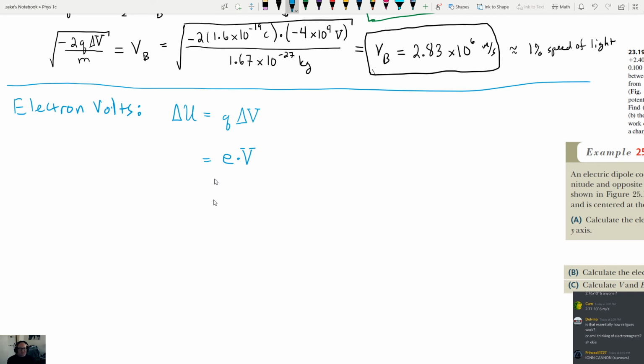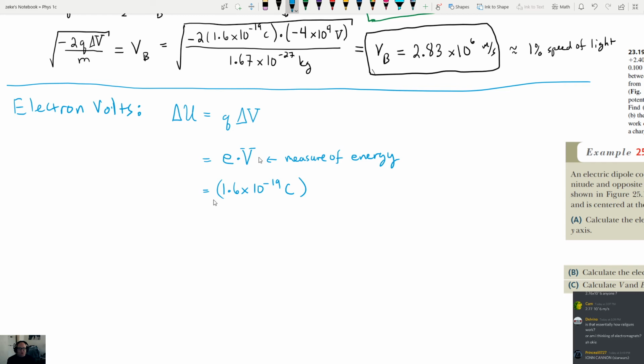And we can actually figure out how much energy an electron volt is. This is a measure of energy. And in terms of joules, we can say that the size of the electron charge is 1.6, the same as this one up here, times 10 to the negative 19 coulombs.